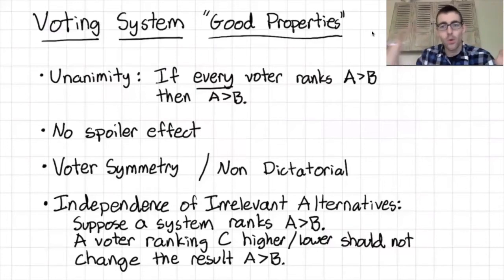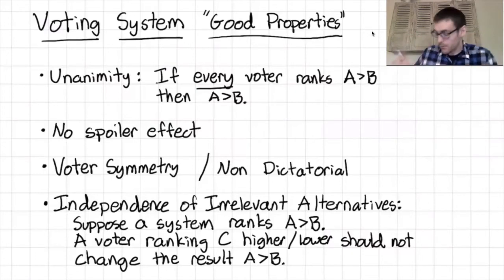The voting system always returns the exact ordering of that single designated person. So it seems like a good property of a voting system to say that we don't want that. We want non-dictatorships. And there are many, many other properties that make for good voting systems.